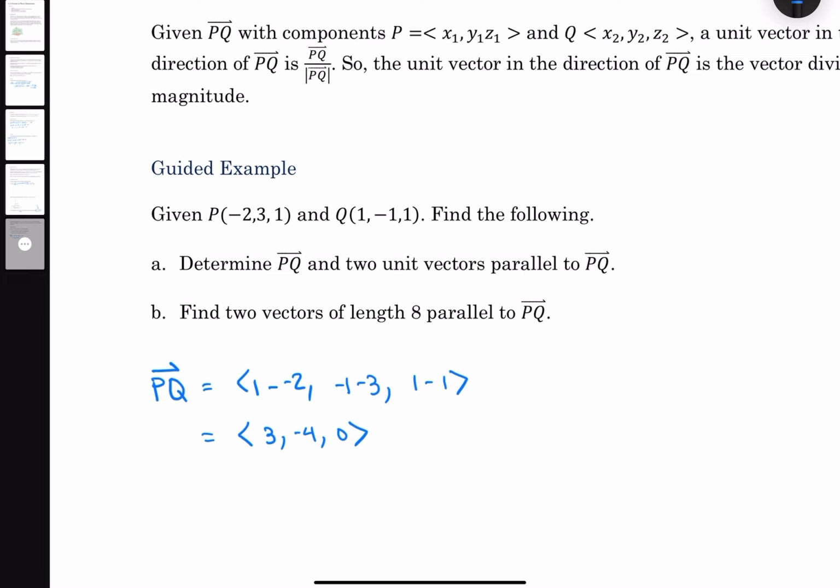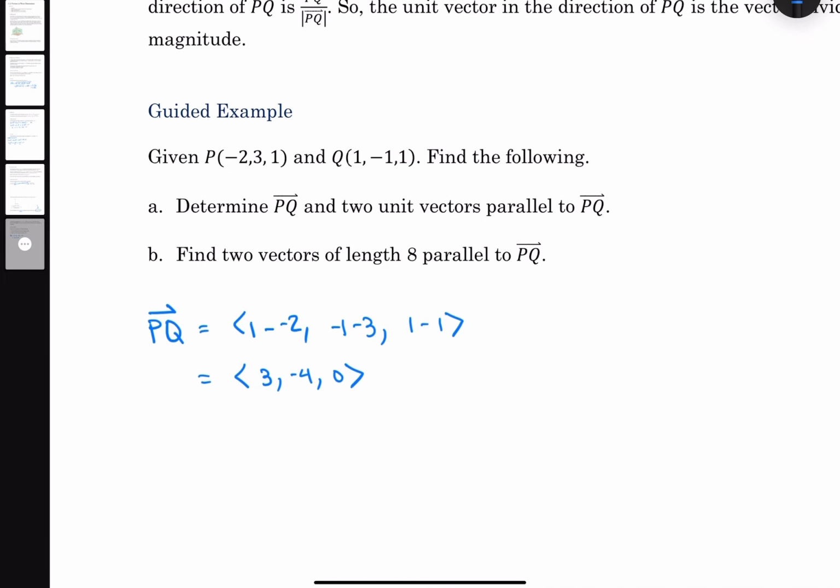Cool. So we want to find 2 unit vectors parallel to PQ. To get a unit vector, we need to find the magnitude of PQ. So the magnitude of PQ is equal to the square root of 3 squared plus -4 squared plus 0 squared, which is the square root of 25, which is 5.